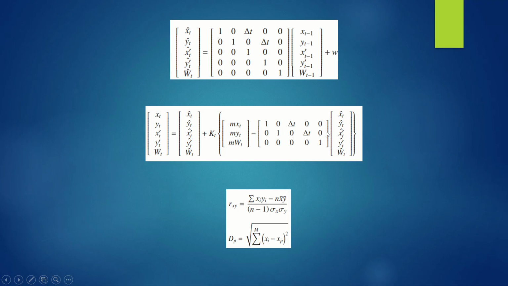And here you can see how the HAR-based matrix is used in the Kalman filter. Using the projection function of the Kalman filter, we get this equation, which is a quadratic matrix with KT representing the Kalman factor and X1, Y1, and W1 representing the unique facial classification features.